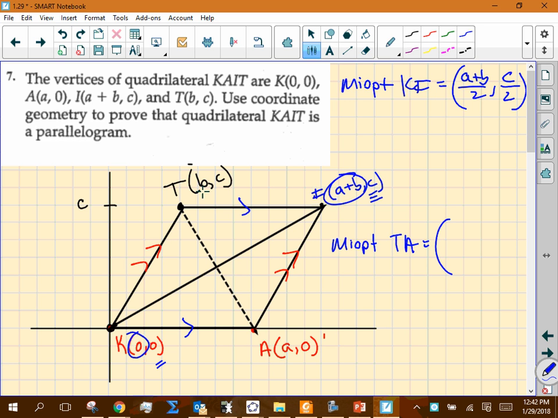Add your x1 and x2 together. What do you get when you add those two things together? A plus B, and you're going to divide that by 2, correct? What do you get when you add your y values together? C. You can divide that by 2. What do you recognize about those two midpoints?